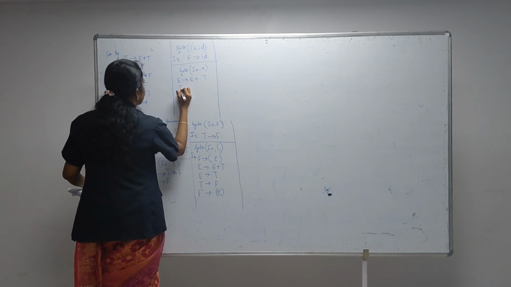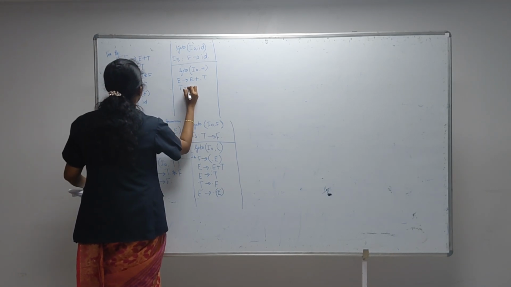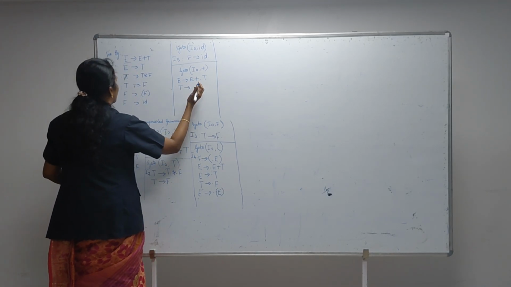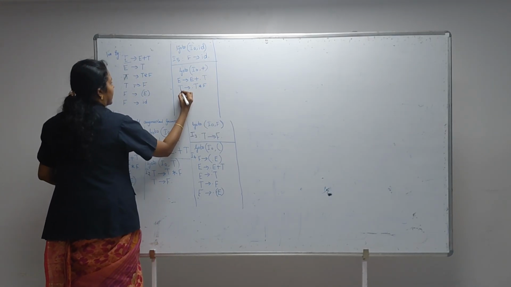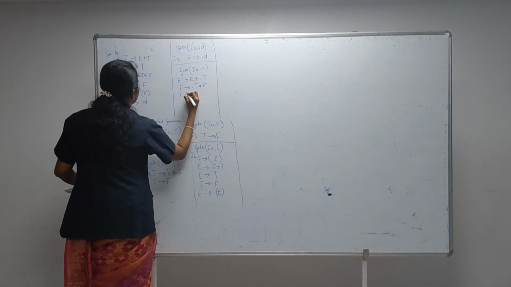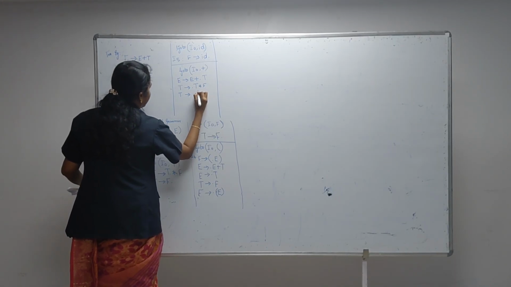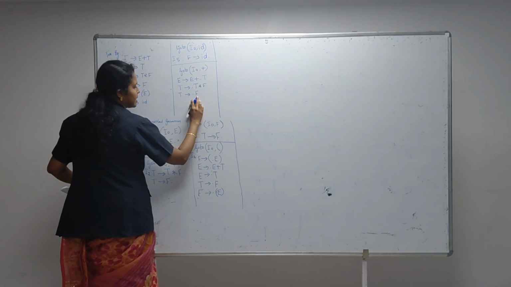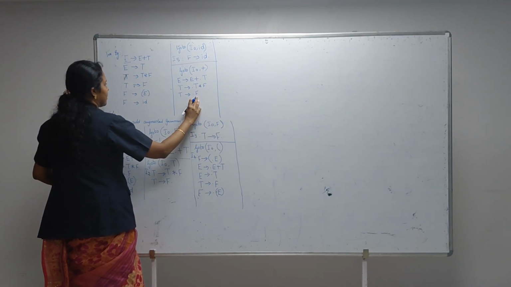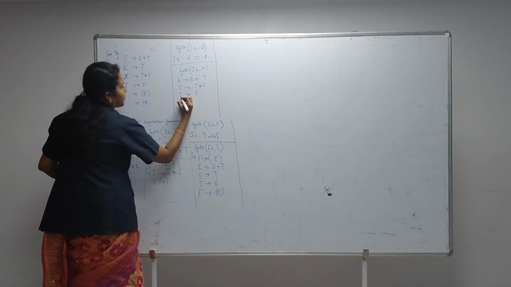So what are the productions of non-terminal T? T tends to T star F, and again T tends to dot F. So after this dot we will be having the F. The F is considered as a non-terminal. So we will be having the similar productions in the questions.